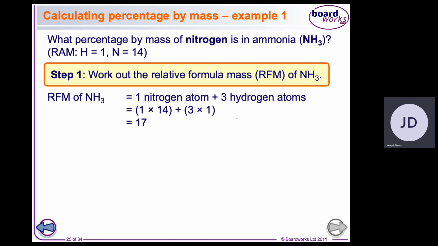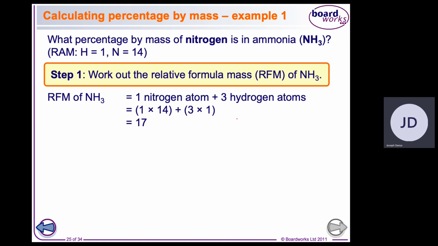So what we do here is, in the case of ammonia, we have 1 lot of nitrogen and 3 lots of hydrogen. So 1 nitrogen plus 3 hydrogen atoms in ammonia. The relative atomic mass of nitrogen is 14 multiplied by the number of nitrogen in the whole ammonia compound, which in this case is 1.